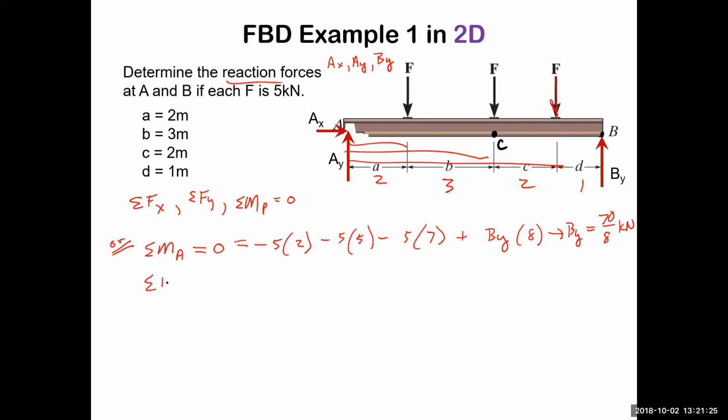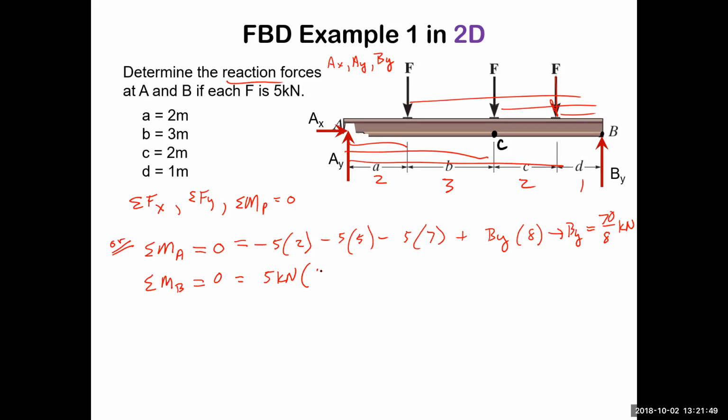What about AY? We can do the same thing by finding the sum of the moments at B. Cutting to the chase, that's 5 kilonewtons times, let's see, we have all these different distances. Now to B, we've got 1, 3, and 6.